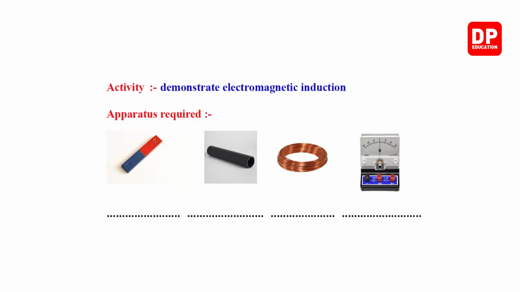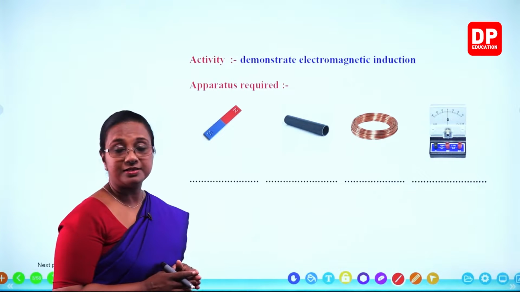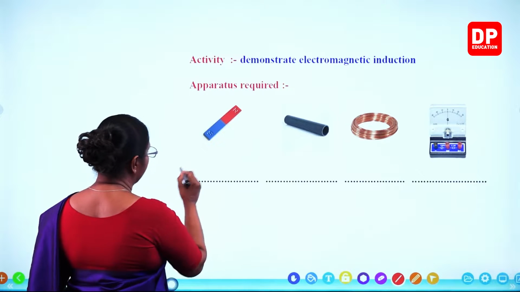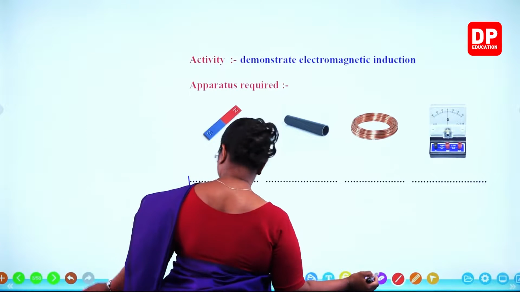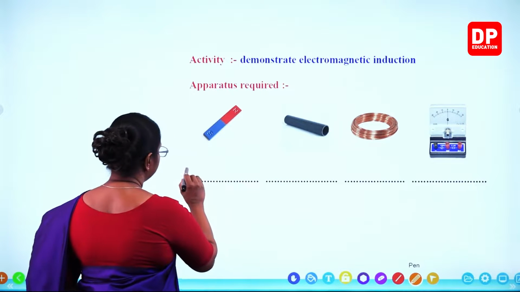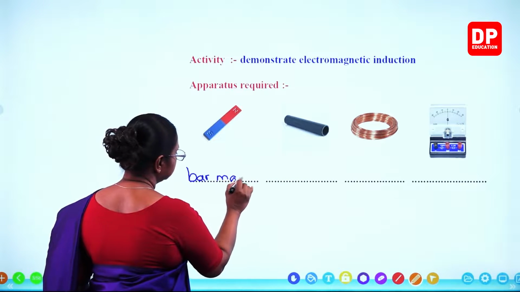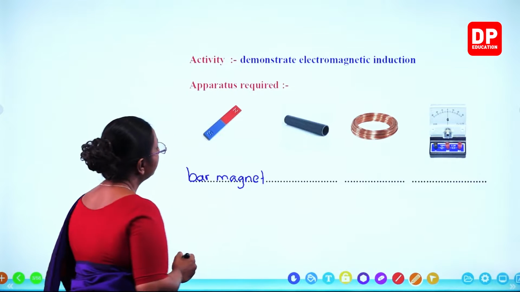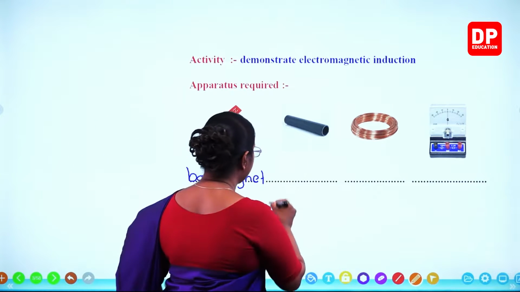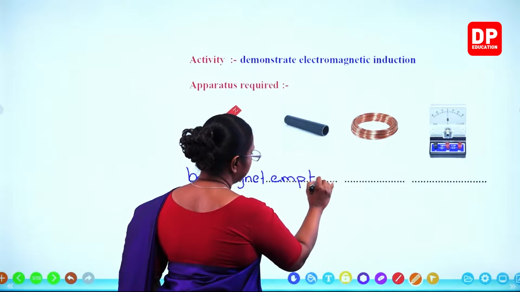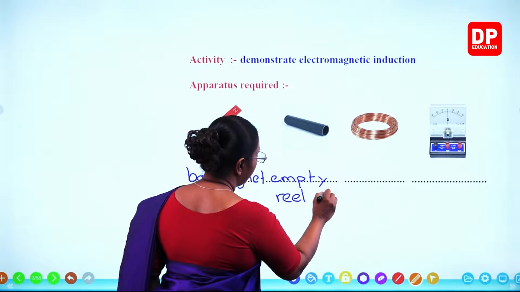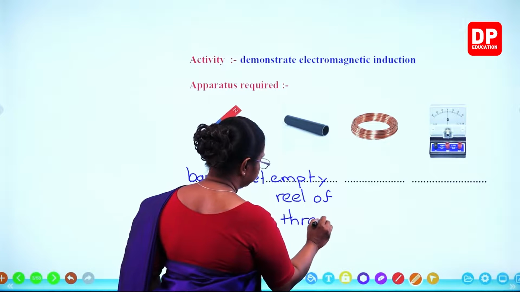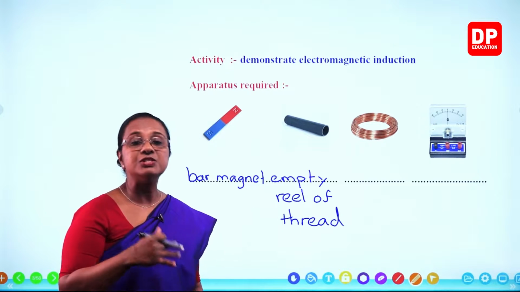So here we have an activity to understand electromagnetic induction. Activity: demonstrate electromagnetic induction. To do this, we have these apparatus. The apparatus required: we need a bar magnet, and then we need an empty reel of thread or any insulator material.